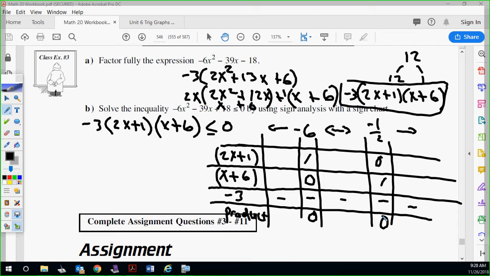Let's go negative 7. If I put negative 7 here, 2 times negative 7 is negative 14, plus 1 is negative 13, negative. Negative 7 plus 6, another negative. The product of those three negatives is a negative.